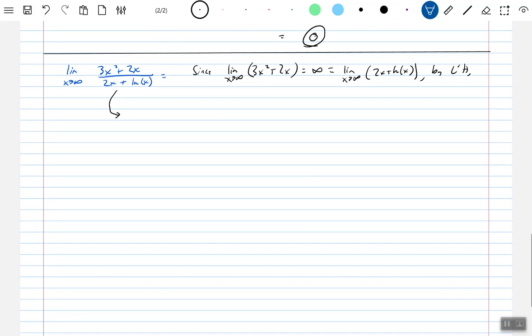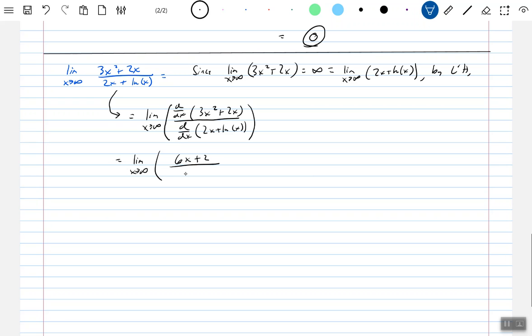This limit right here is equal to the limit x goes to infinity of the derivative of the top divided by the derivative of the bottom. Now, what are those derivatives? Well, that's just equal to the limit as x goes to infinity of 6x plus 2 divided by 2 plus 1 over x.